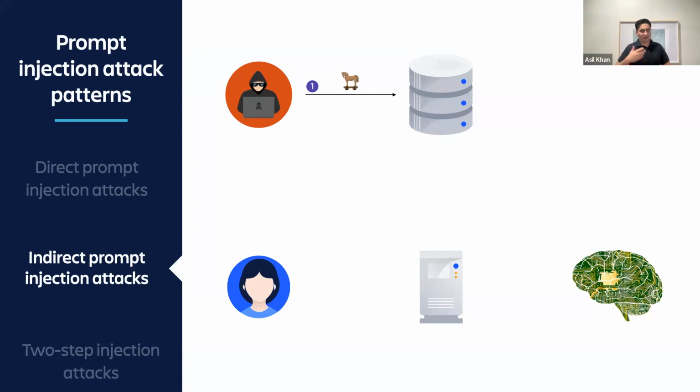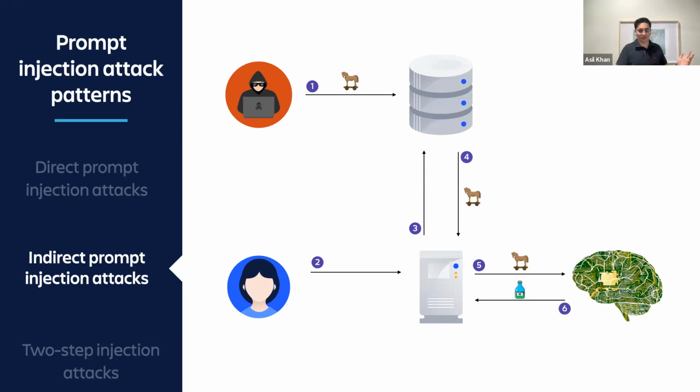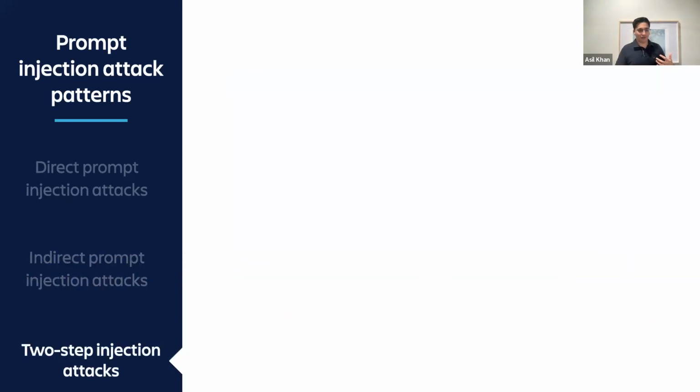So when a user makes a legitimate query to the application, and the application calls out to the data store to get some data for context, it'll pick up a malicious instruction for the AI, which it will then send on to the AI and obtain a poisoned result, which it will then show to the user.